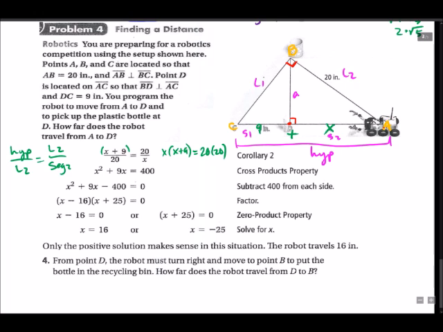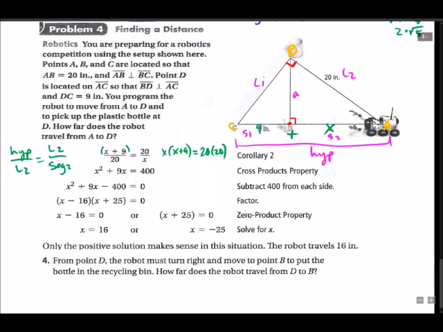We get x squared plus 9x minus 400 equals 0. And then we factor it. We unfoil. You know, foil is we distribute, right? Factoring is unfoiling. I want to erase. Eraser. There we go. Sorry about that.